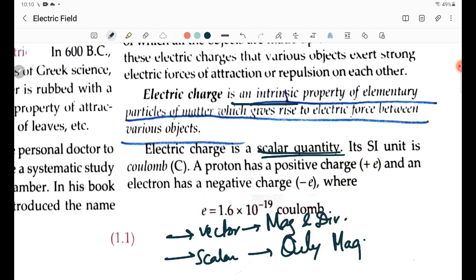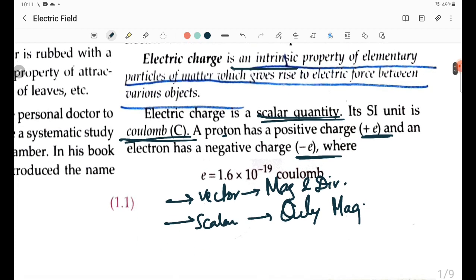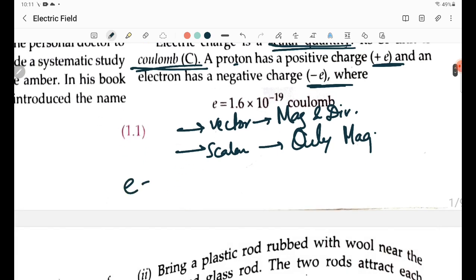So electric charge is a scalar quantity, that means it has only magnitude. The SI unit is coulomb. The proton has a positive charge plus e, the electron has a negative charge minus e. The charge of an electron is 1.6 into 10 to the power minus 19 coulomb.